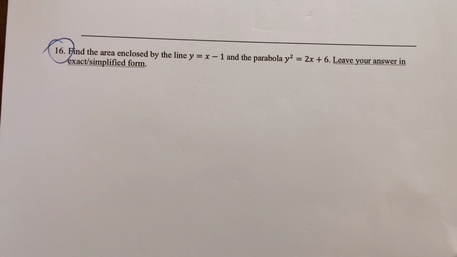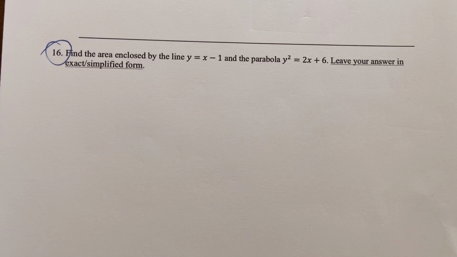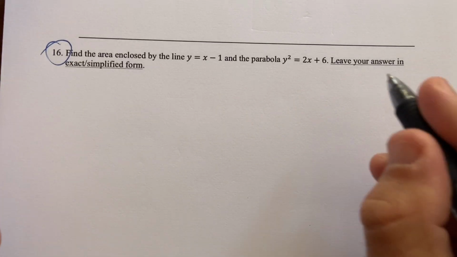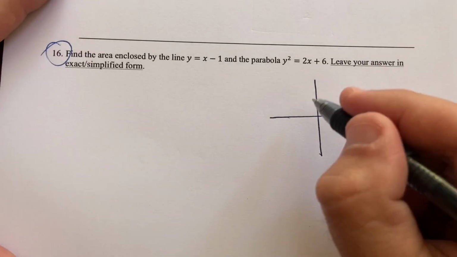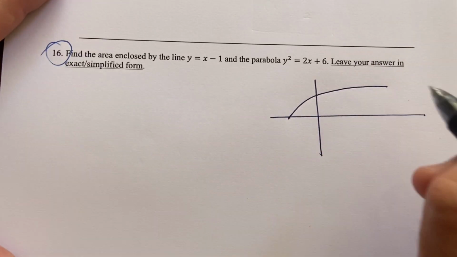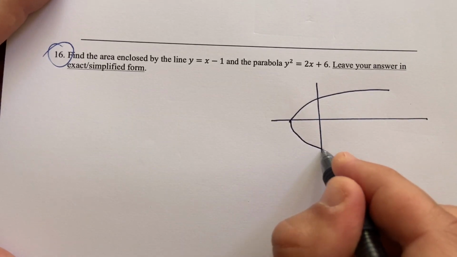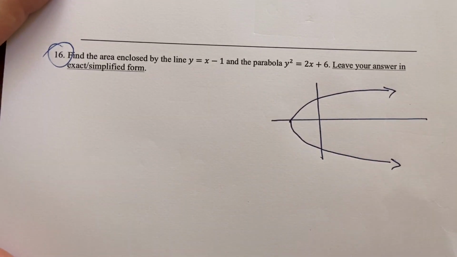On to number 16. It says find the area enclosed by these lines, y equals x minus 1 and the parabola y squared equals 2x plus 6. Leave your answer in exact simplified form. So just to draw another quick picture, we kind of have this sideways parabola happening. And then we have this line also happening.